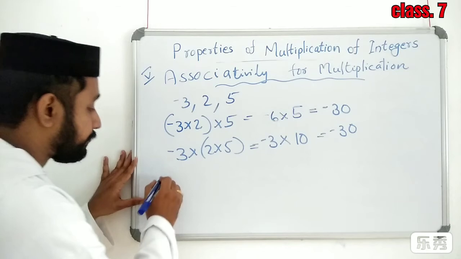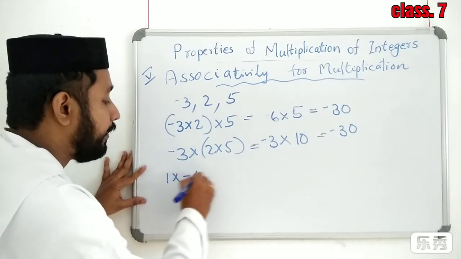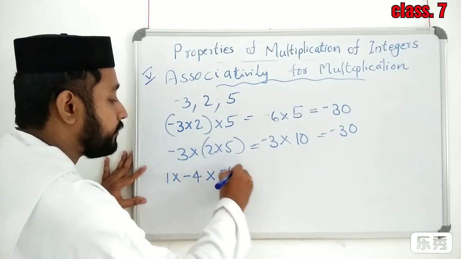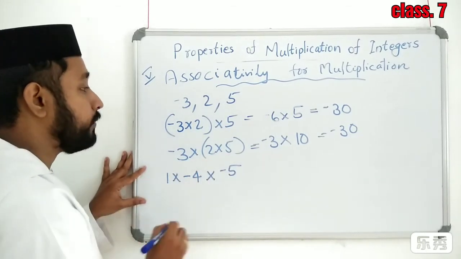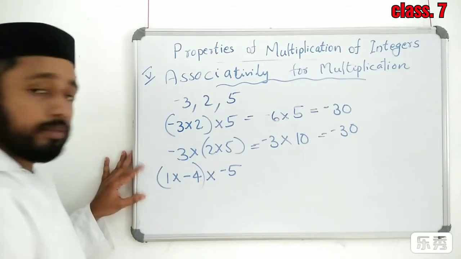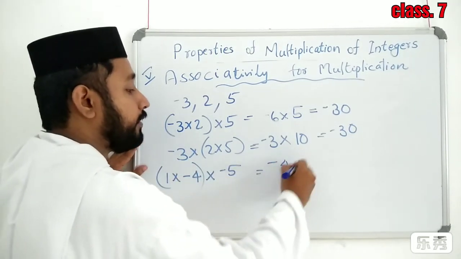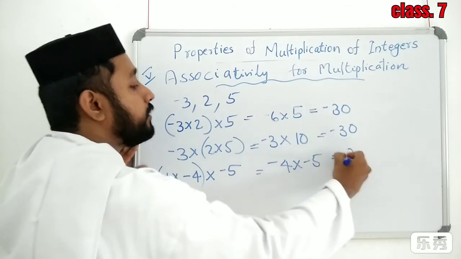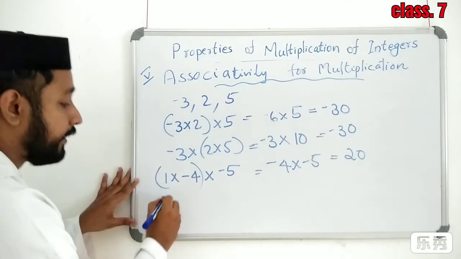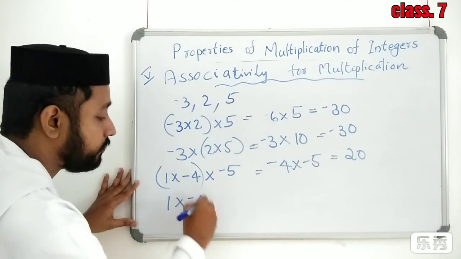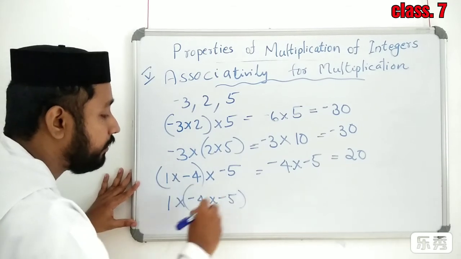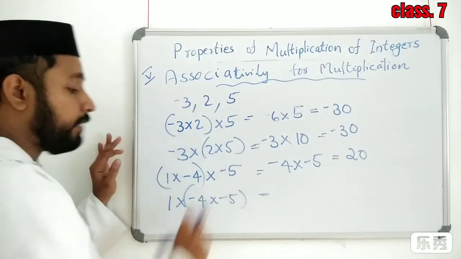Another example, 1, minus 4, minus 5. First I am going to multiply 1 into minus 4, which is minus 4, then minus 4 into minus 5, answer is 20. In second case, first multiply minus 4 and minus 5.